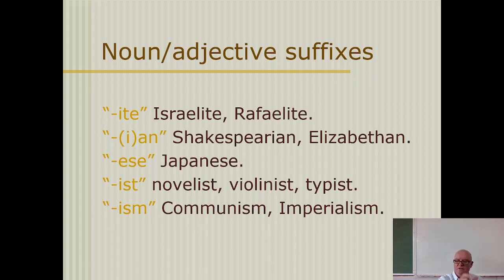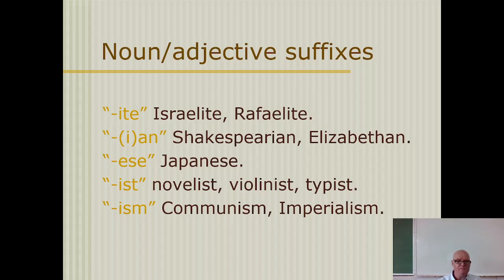So you add those three letters after a base word, like imperial is the base word. You add ISM and it becomes imperialism.